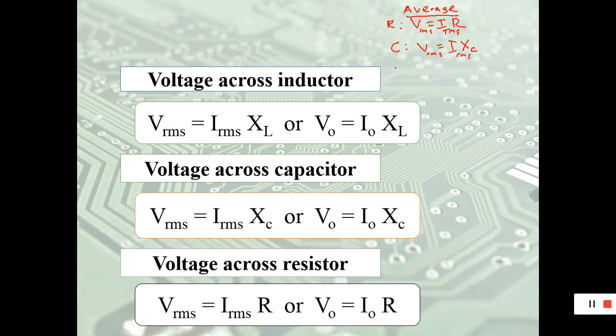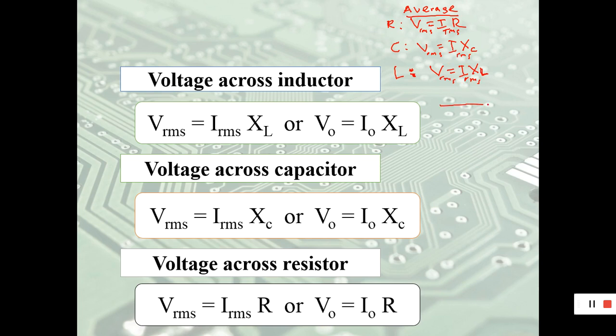And if you use the inductor, V equals I XL, and V RMS, I will be I RMS times XL.